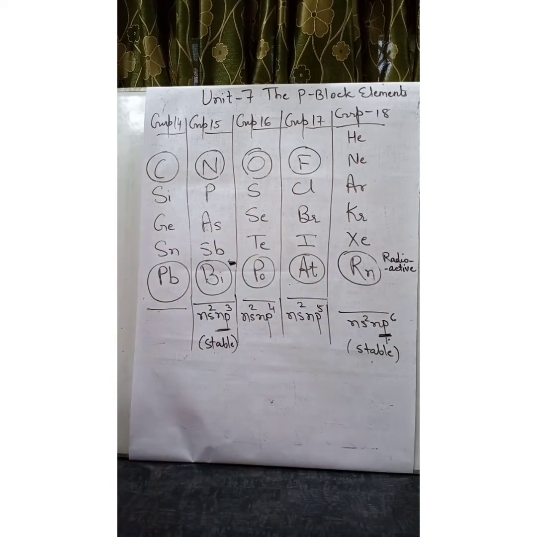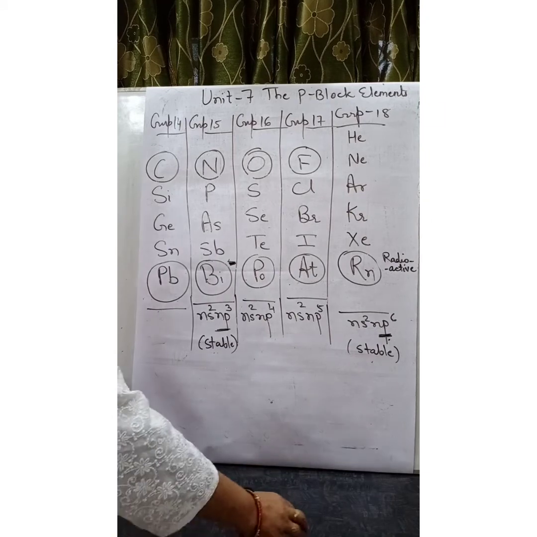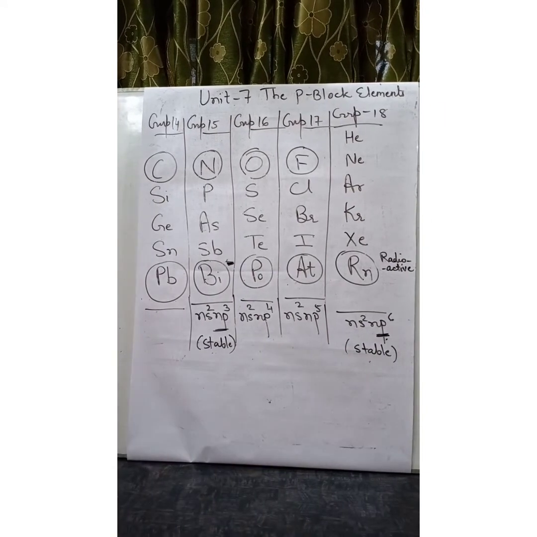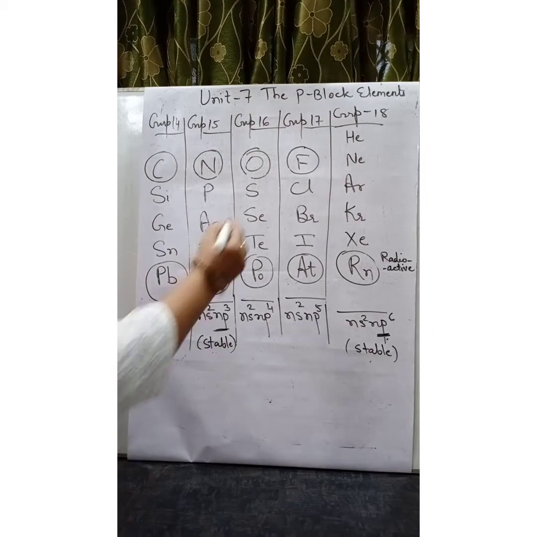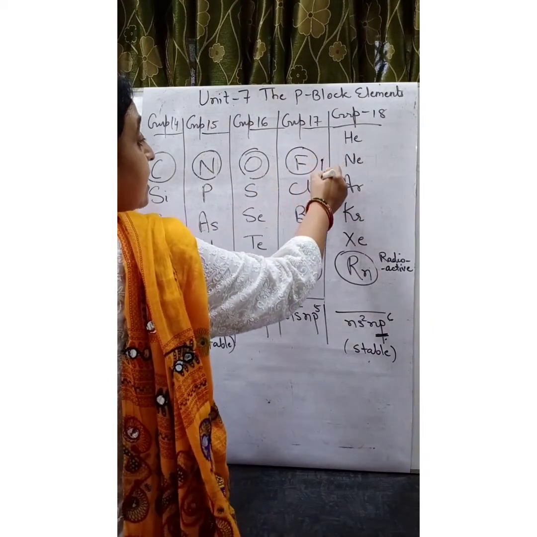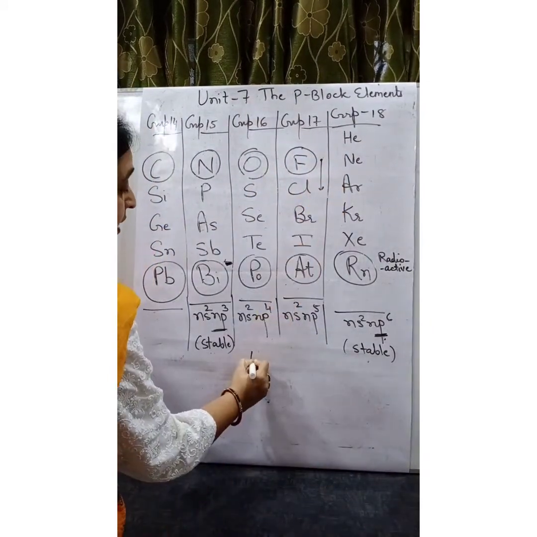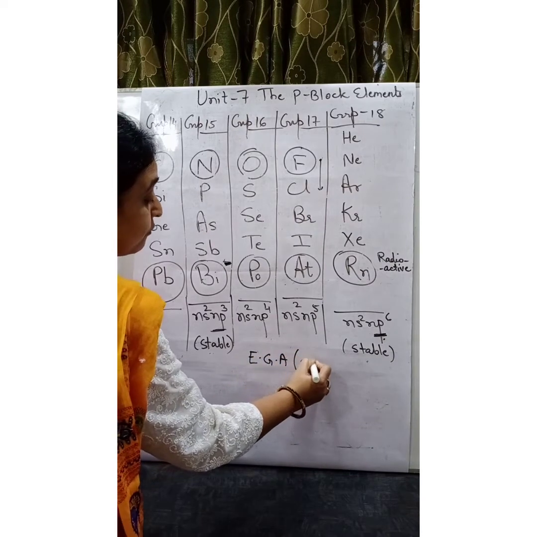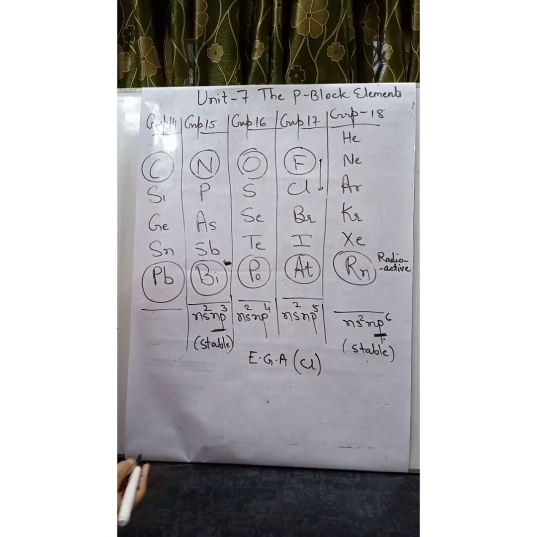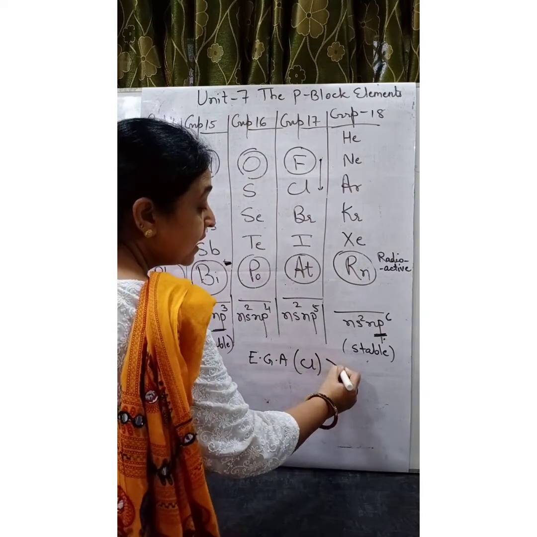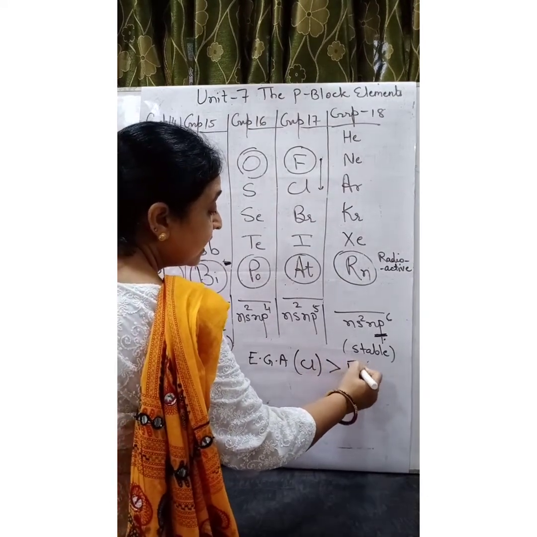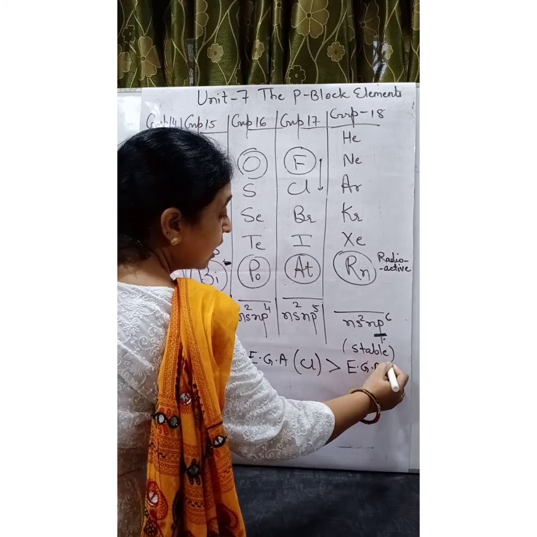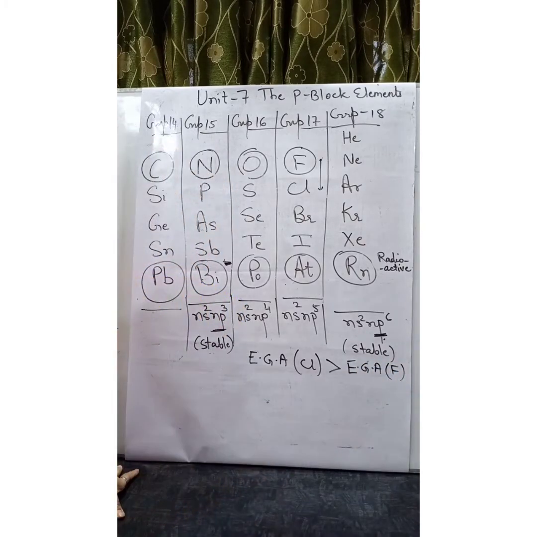However, we find an exception here in group number 17. The electron gain enthalpy of chlorine is found to be greater than the electron gain enthalpy of fluorine.